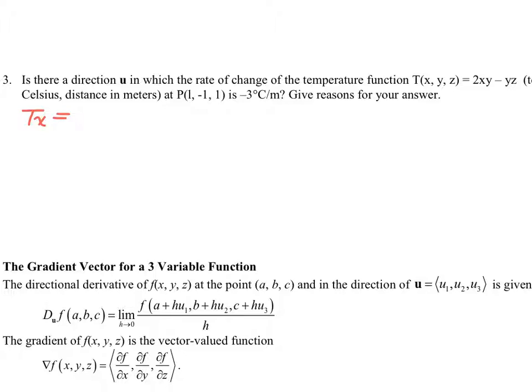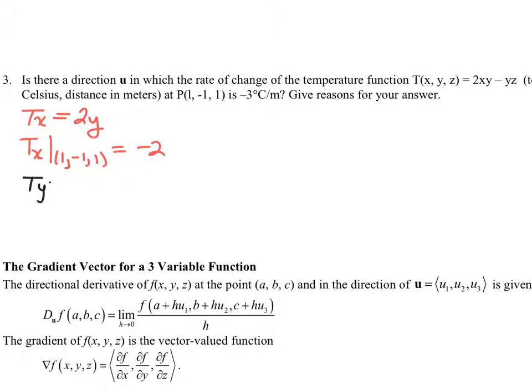So we're looking at 2y, just 2y, right? And then t partial with respect to x at the coordinate (1, -1, 1) would be equal to -2.